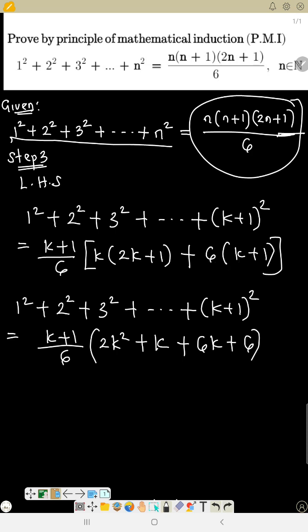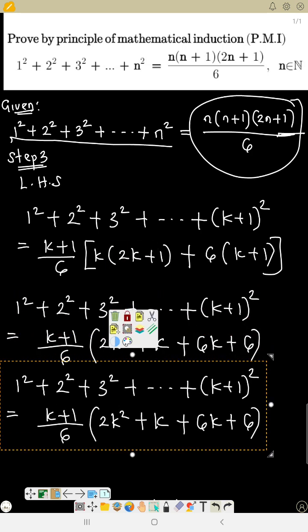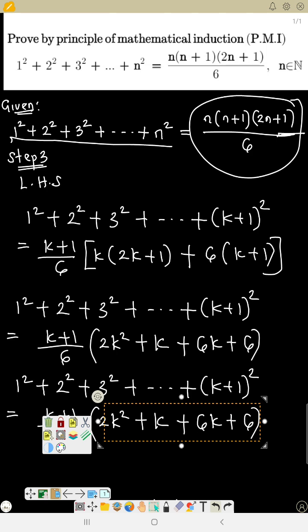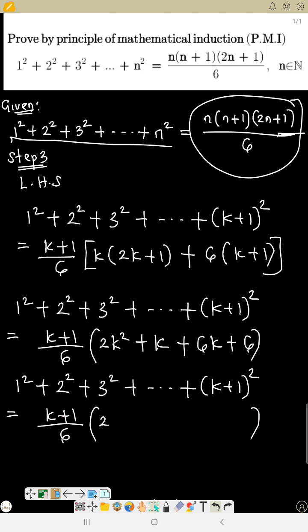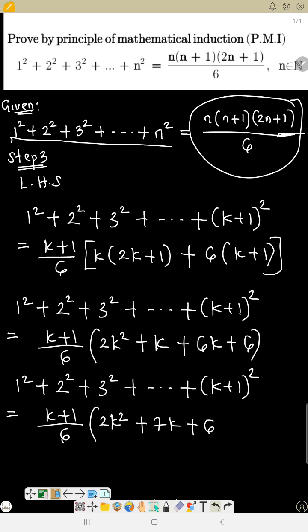So next step, we have 2k squared, 1k plus 6k, that's 7k, plus 6. That's what we have next.